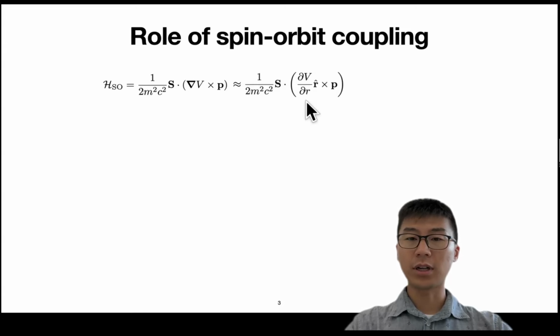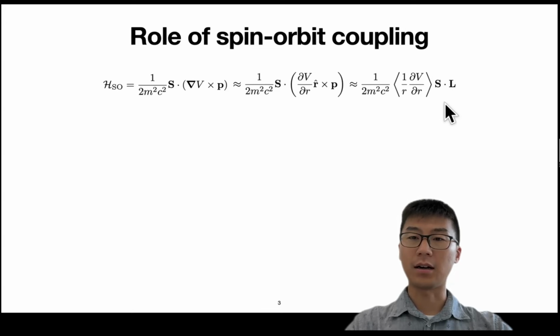At the end, you can turn this into a very simple form that is proportional to S dot L. And this is the spin-orbit coupling around atoms. I want to emphasize that although there are many different names of spin-orbit coupling in the literature, sometimes like Rashba spin-orbit coupling, Dresselhaus spin-orbit coupling, they are in fact all derived from the atomic spin-orbit coupling. Different names do not mean different interactions.